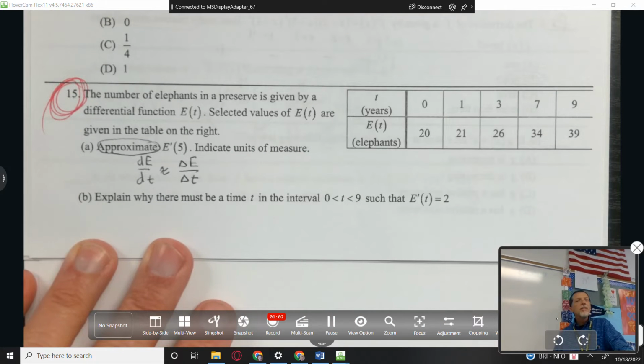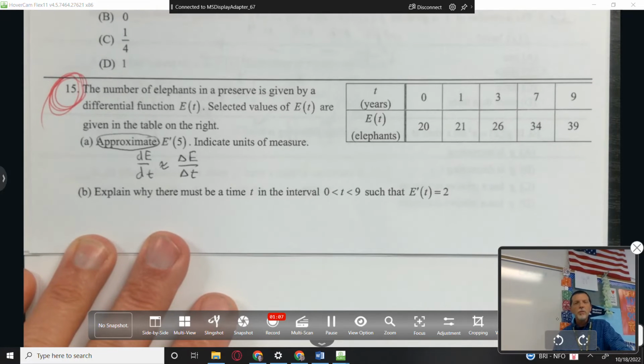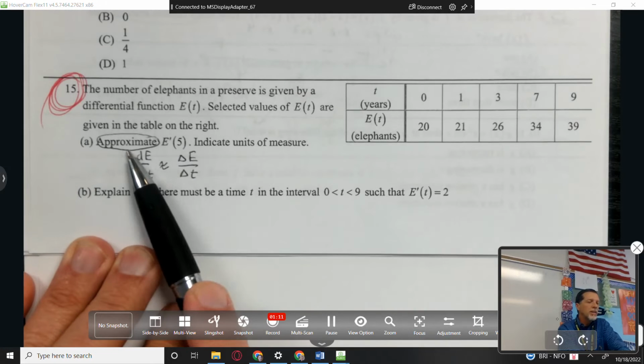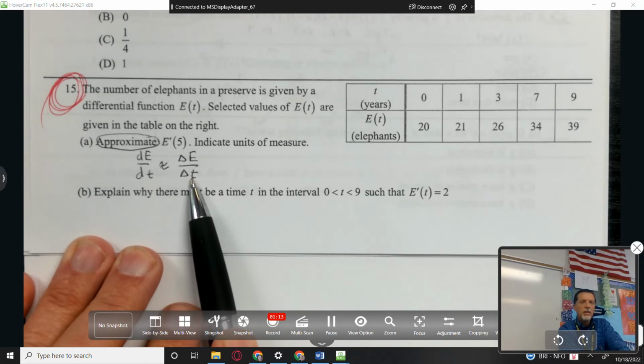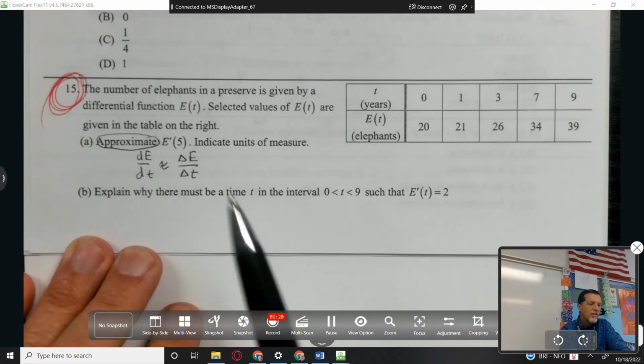This is a little bit like MVT. It's not MVT because we didn't meet the conditions, we don't know, but calculus slope approximately equals algebra slope. So let's do the algebra slope as best we can at 5.